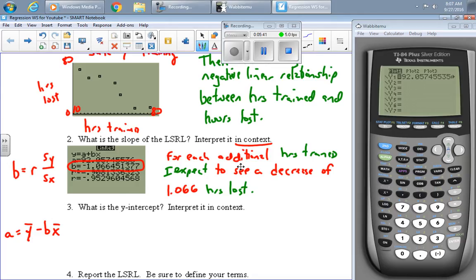And I put those in green so you can see what's going on there. I also wrote I expect because I know the line is not perfect, so it's not going to always work out exactly this way, but that's the general trend that I could see.